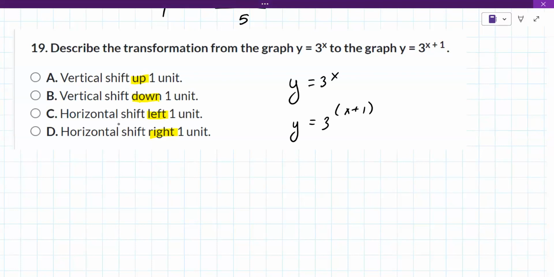So it's to the right. Try to think about the order though. It's the original to the new one.